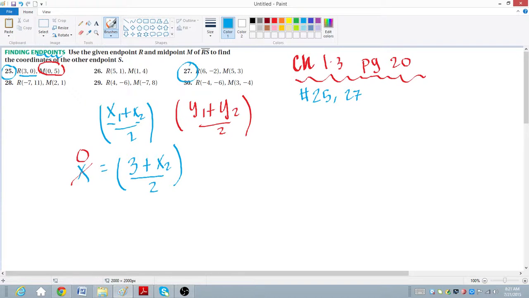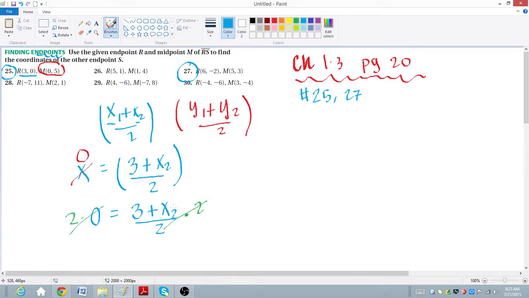So this is equal to 3 plus x2 divided by 2 times 0. Well, I could multiply by 2 to both sides, so let me do that. Whenever you have an equation, you could do that. So this is still 0.